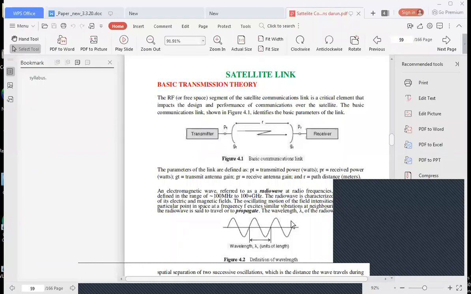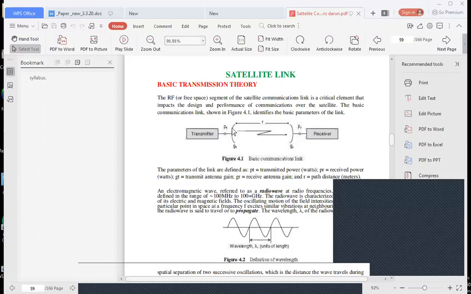We all know the frequency and wavelength concept that are not required to be described here elaborately. So satellite link or the basic transmission theory or block diagram of the satellite communication is like that.